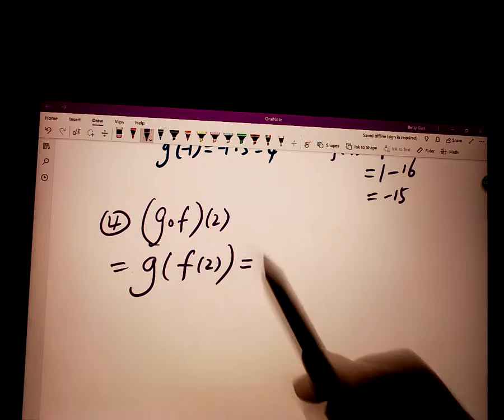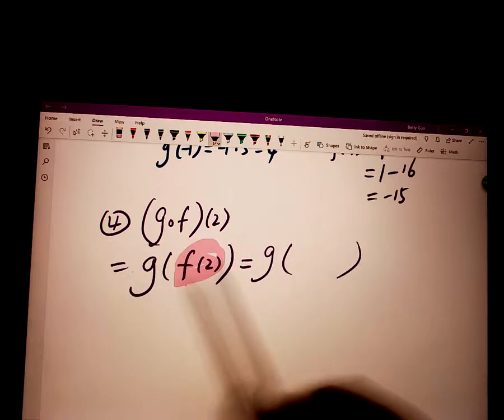Okay? How do we handle it? What is f of 2? F of x equals 1 minus x squared, so f of 2 is 1 minus 4.